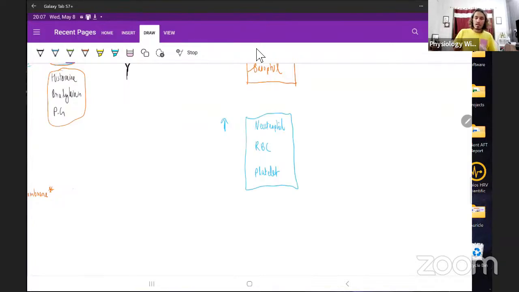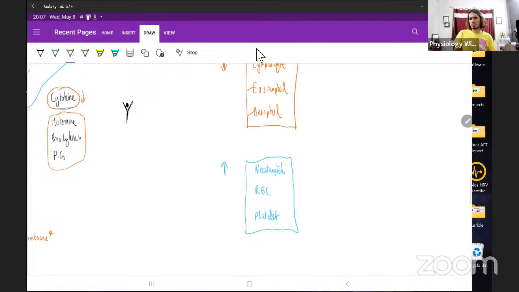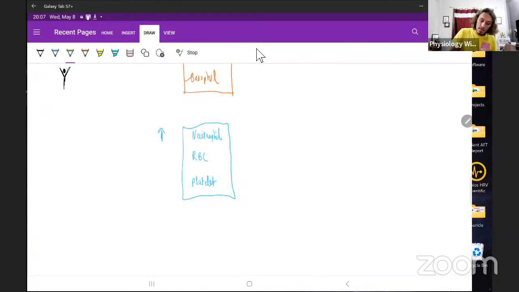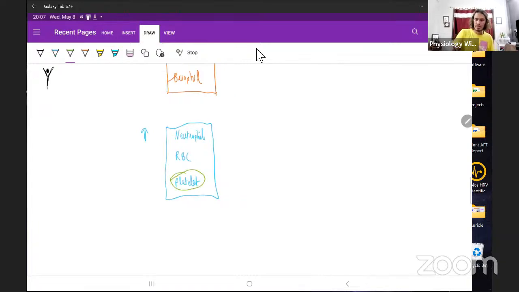That is why in Cushing syndrome, when there is an excess of glucocorticoids, because these are reduced, they are more prone to have infections. Because platelets are higher, your thromboembolic episodes and embolic episodes are higher.